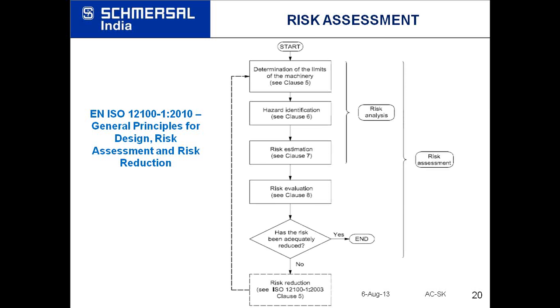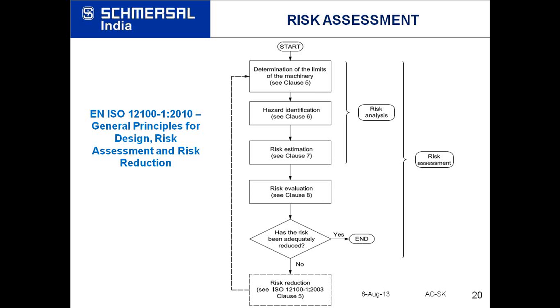It talks more about machines, but it is relevant to others also: determination of the limits of the machinery, hazard identification, risk estimation, then risk evaluation, and then the iterative method, to check whether the risk has been reduced to the level you want or not.